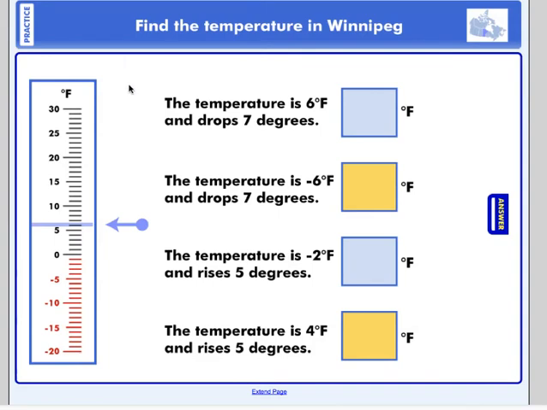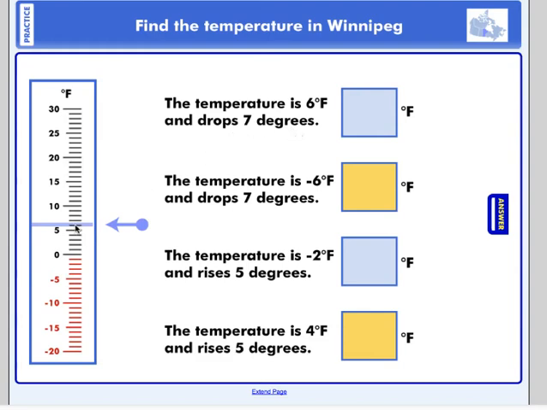A place where we often use negatives, especially here in Minnesota, is when we're talking about temperatures. And during the winter, you know that we often will drop down into negative degrees. Now, let's try these problems, okay? The temperature is 6 degrees Fahrenheit and drops 7 degrees.